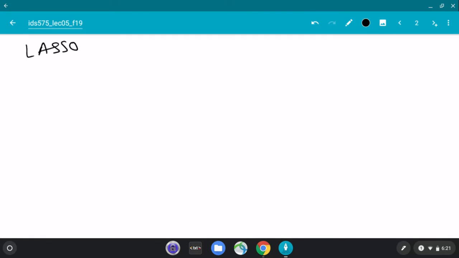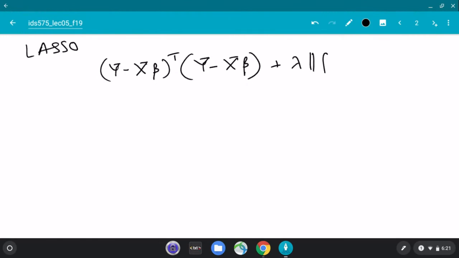And lasso has almost the same form as ridge. So it's just y, I'm just writing the least squares loss. This is a vectorized notation. We have been seeing this for the past 4 lectures. So plus a lambda times the norm.